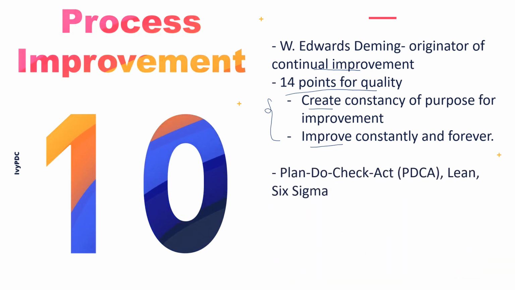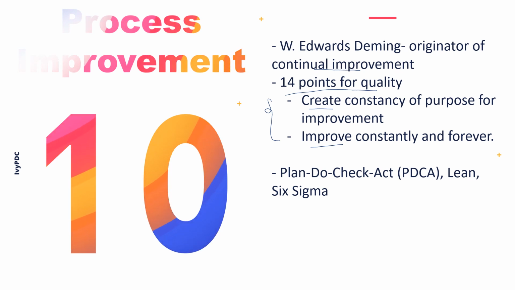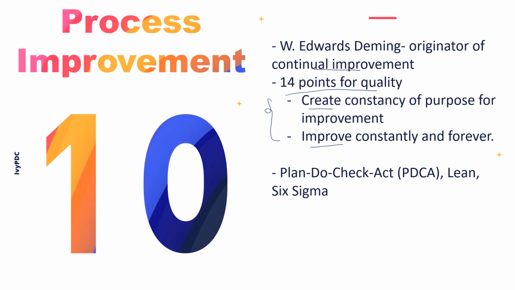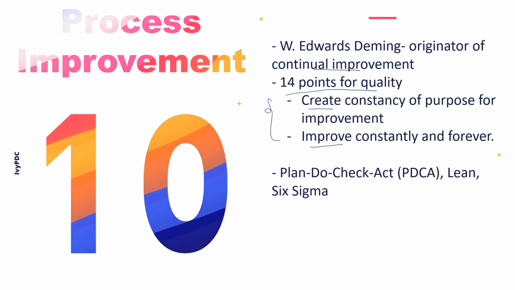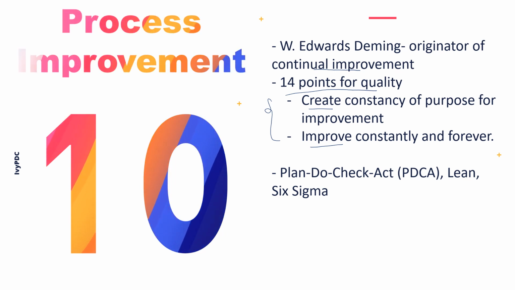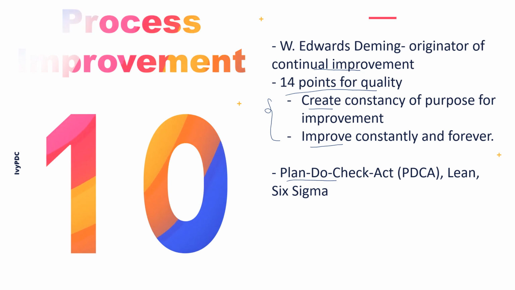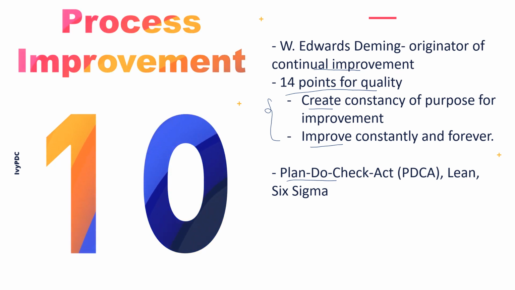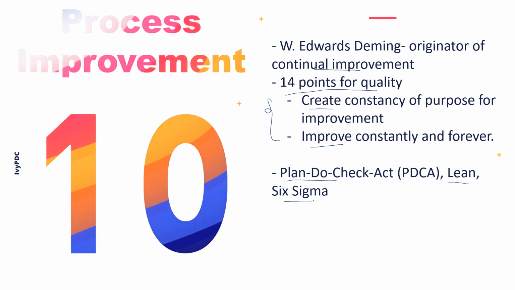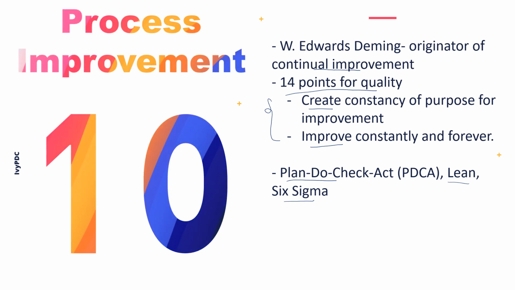The plan, do, check, act cycle of Deming shows how process improvement can be done. And this has been discussed in the TQM video. Lean and Six Sigma are two new tools or ideas that are being used nowadays for quality improvement.